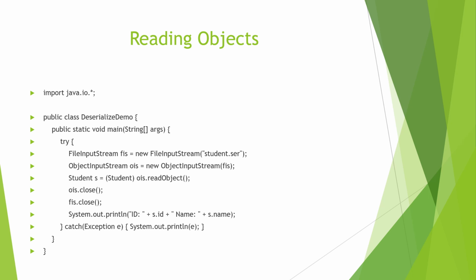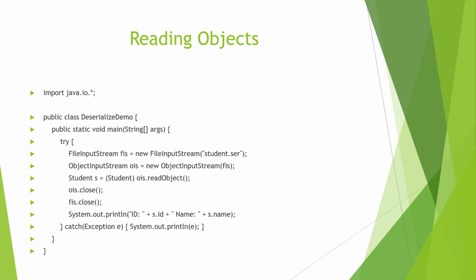Now what we are doing, we are taking the FileInputStream and taking a variable FIS, which is equal to new FileInputStream within the brackets student.acr. The student.acr file has already been created in the previous example. After that, we are creating another variable OIS, that is ObjectInputStream, and passing a new object, where they are passing that previous variable FIS.